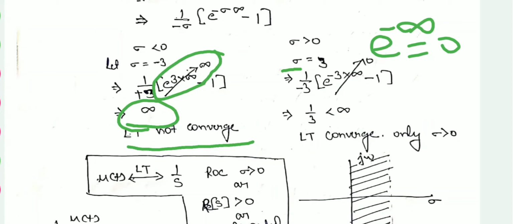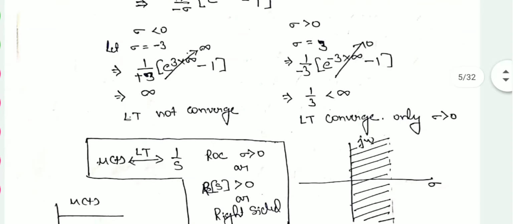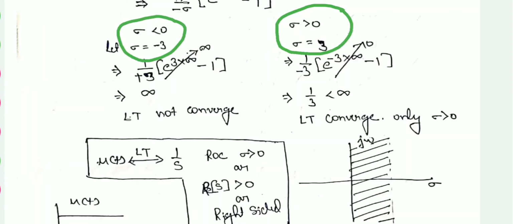Therefore this equation becomes 0 minus 1, then minus times minus becomes plus, and it becomes 1 by 3, which is definitely less than infinity, therefore the Laplace transform exists. We get one point here: the Laplace transform exists only for sigma greater than 0, and it does not exist for sigma less than 0, and this defines the ROC of the system.